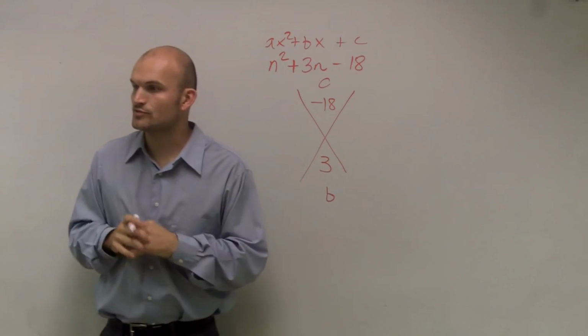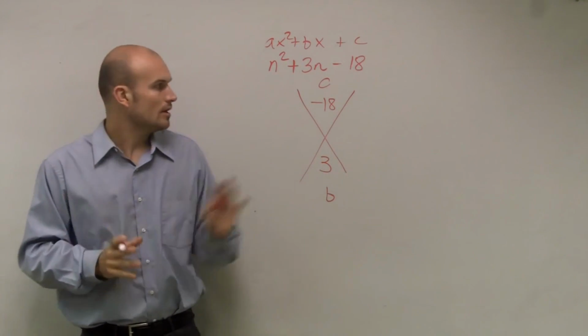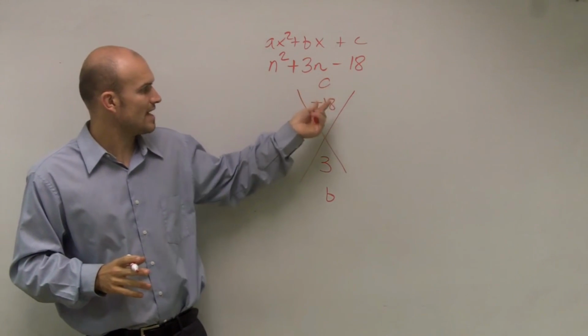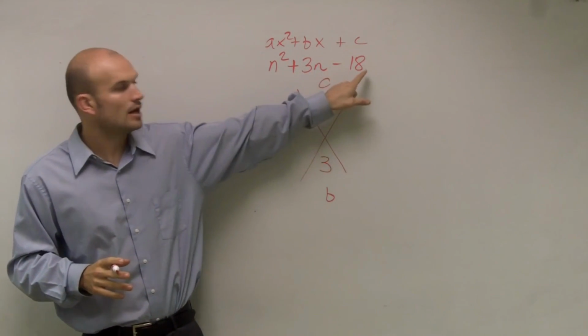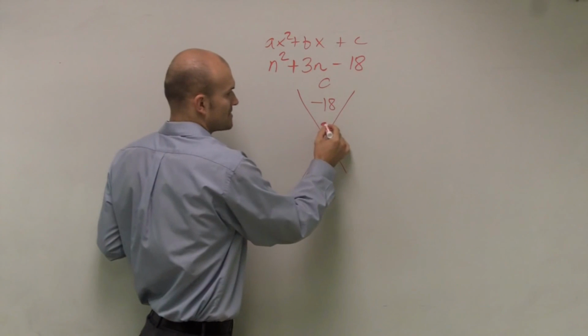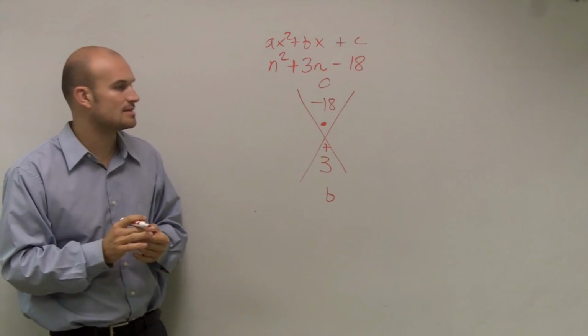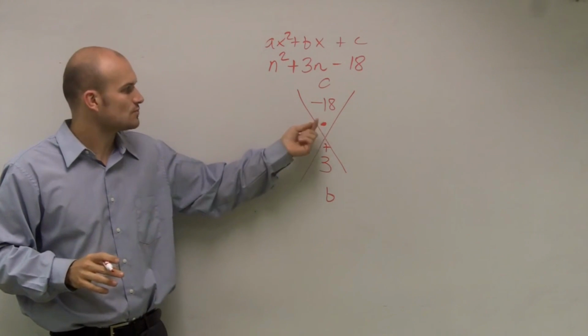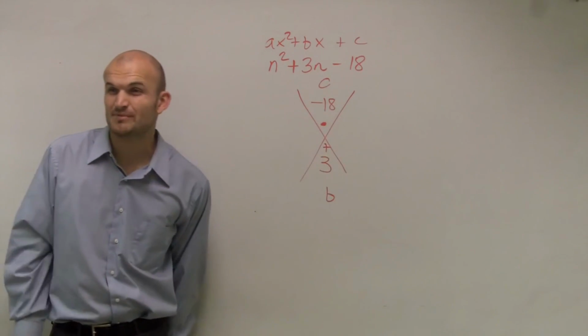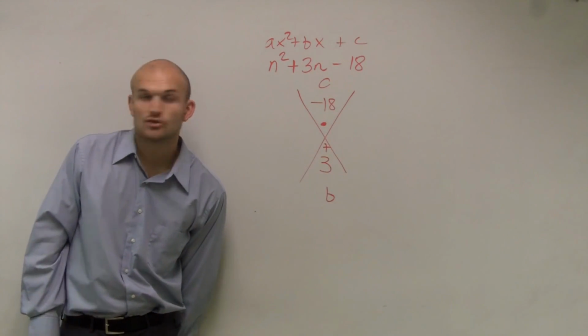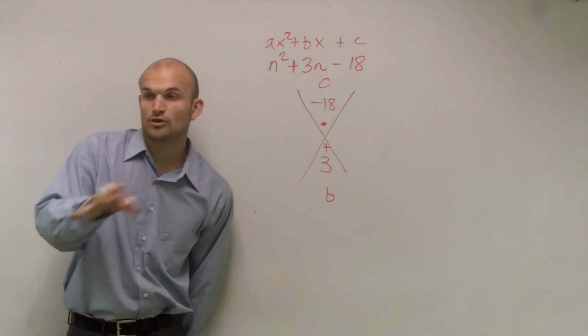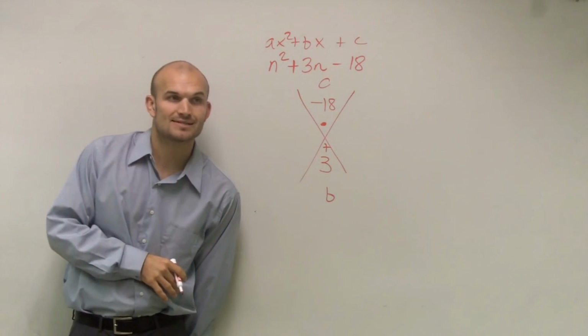So something that happened is really, really important. We now notice that I have my product. Remember, I put the multiplication dot and the addition below. So therefore, Josh, what I need to do is I need to multiply two numbers to give me a negative 18. So no longer do both of my factors have to be positive.